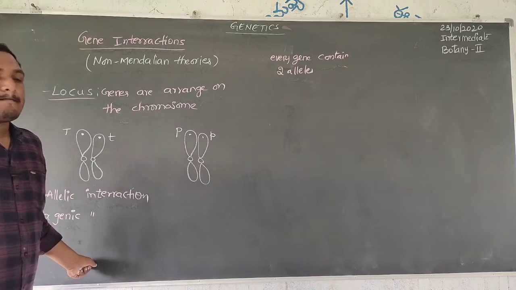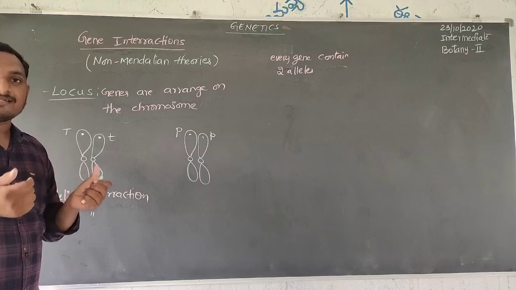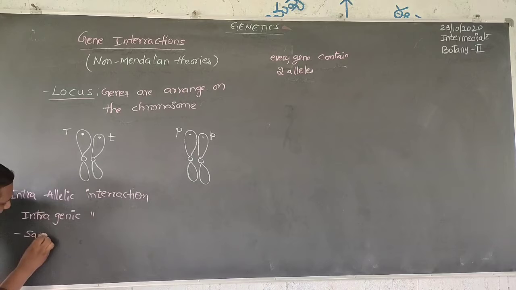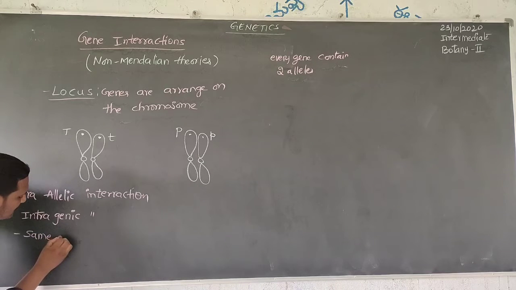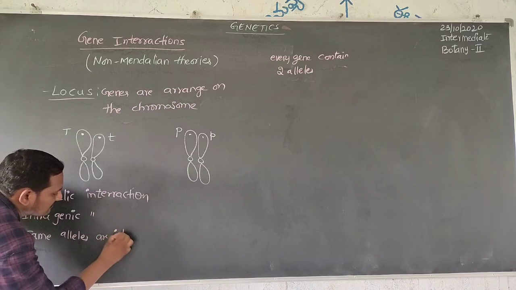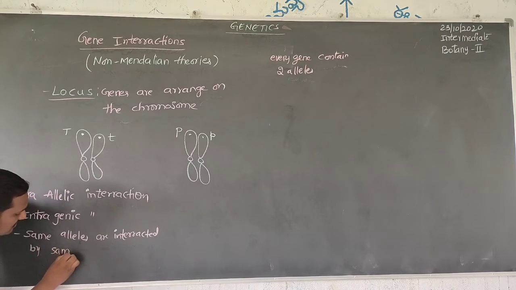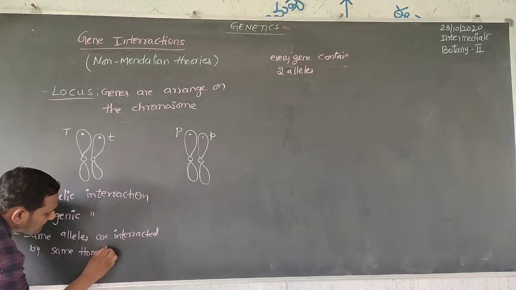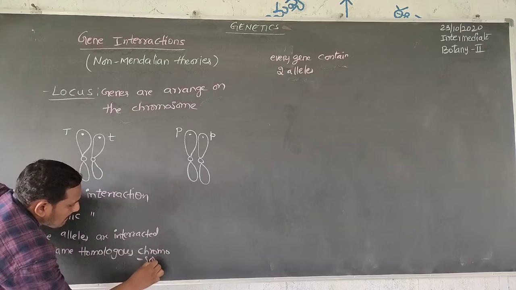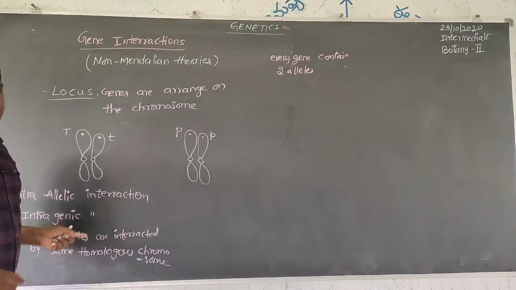It means the same two alleles are interacting with each other by the same homologous chromosome. That is intra-allelic or intragenetic interaction.